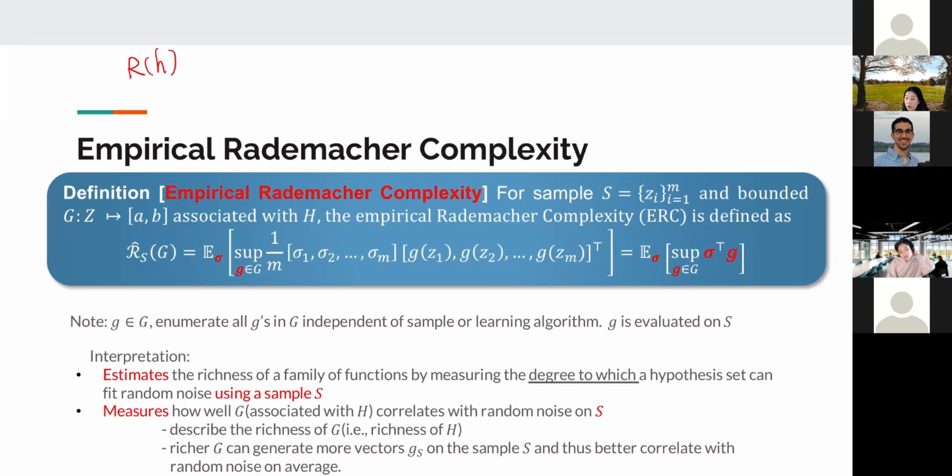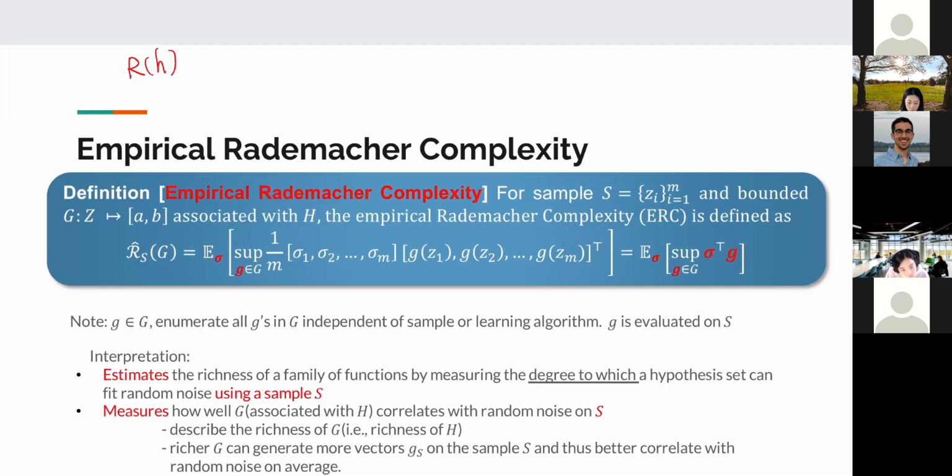Sigma is the vector of Rademacher variables, with independent coordinates, each taking either -1 or +1 with equal probability. So I'm taking the expectation over that random vector, and let's focus on what we're taking the expectation of.